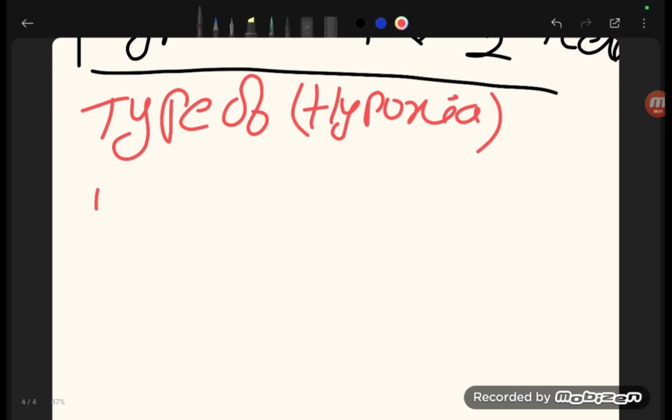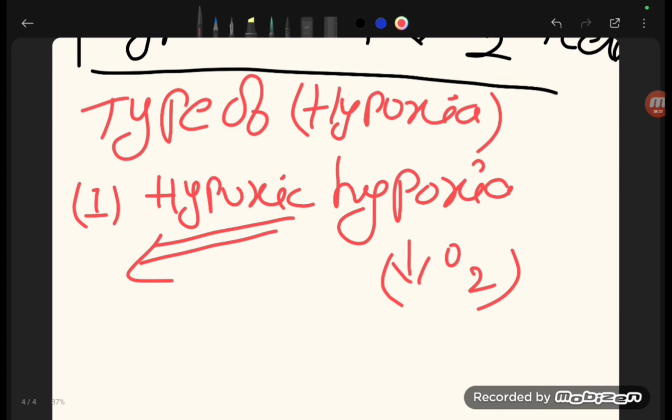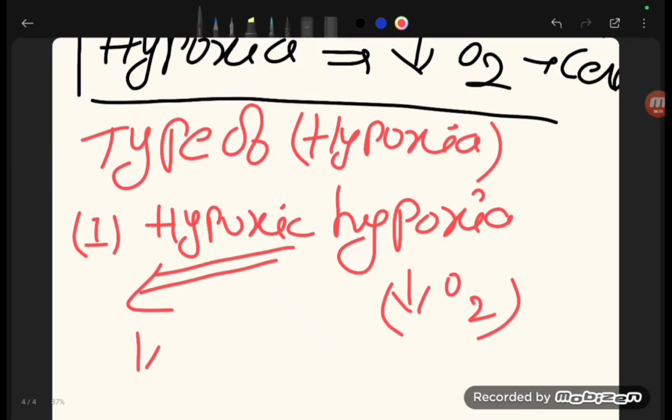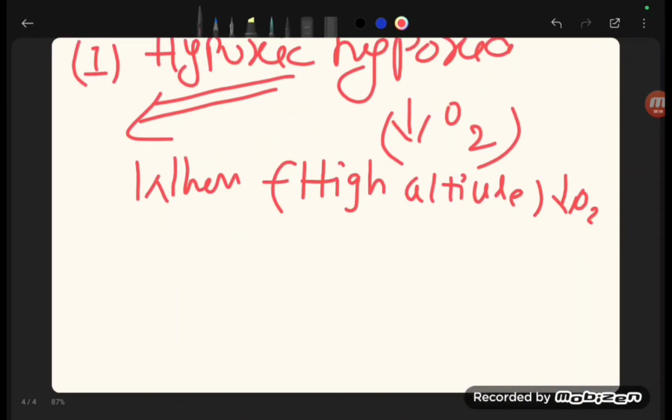First of all, the first one is hypoxic hypoxia. As we already know, hypoxia means decreased oxygen supply. Hypoxic hypoxia occurs when a person is living in high altitude areas, where there is decreased oxygen, so it causes hypoxia.